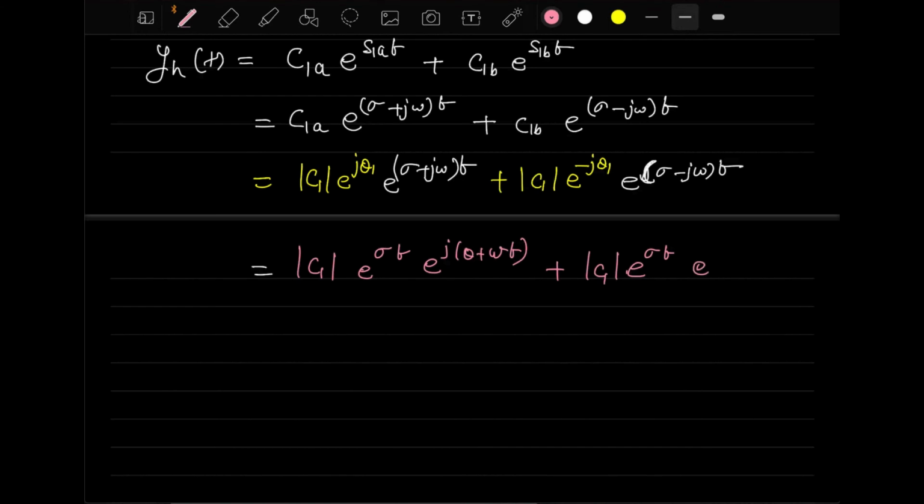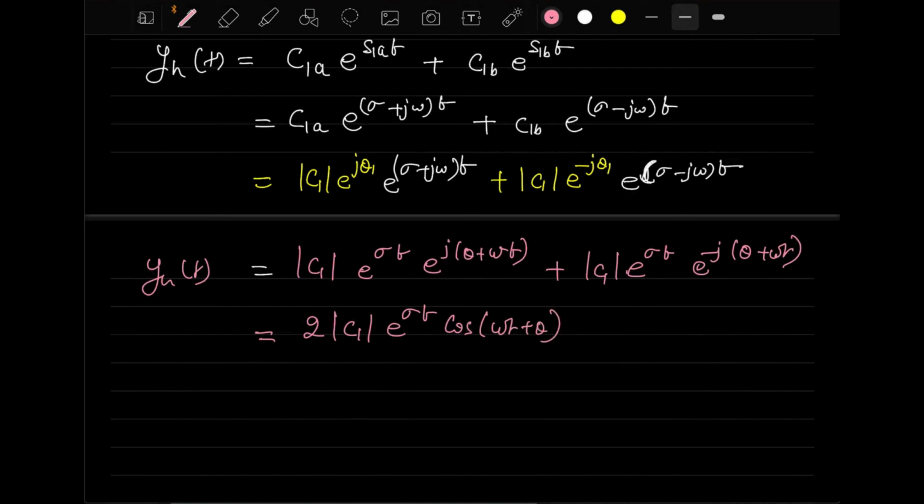Once you do that, the solution that you will get is 2c1 e to the power sigma t cos(omega t plus theta). So you can see that the solution when you have complex roots will be this, which is given over here.